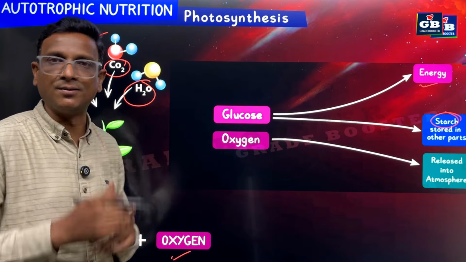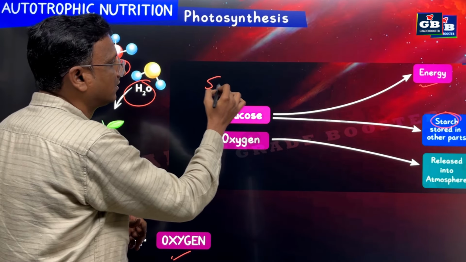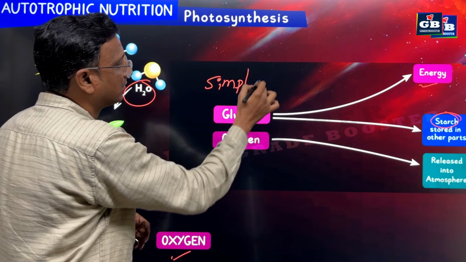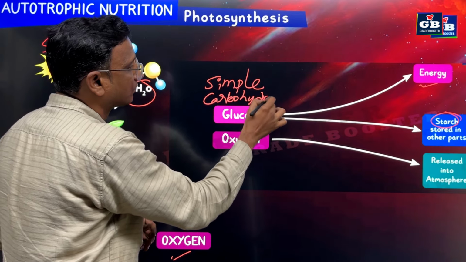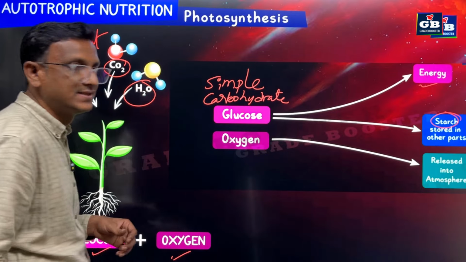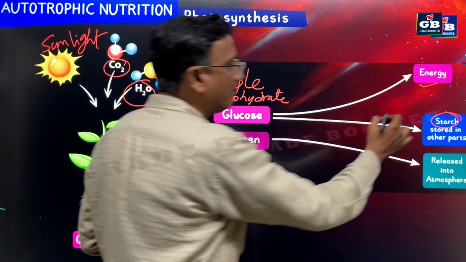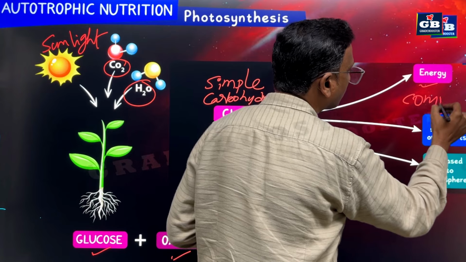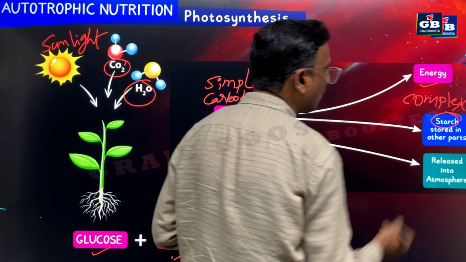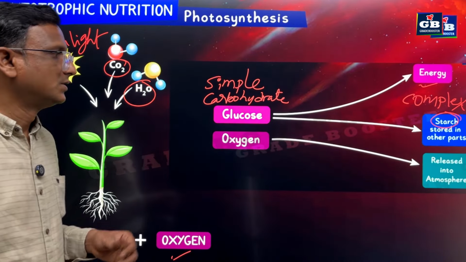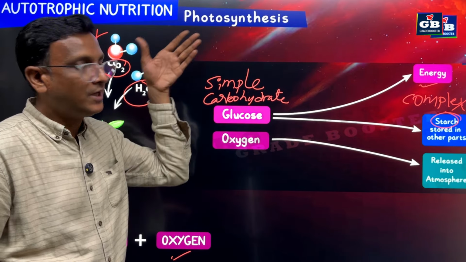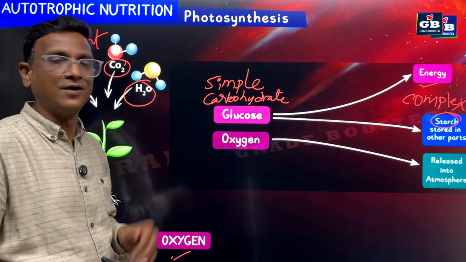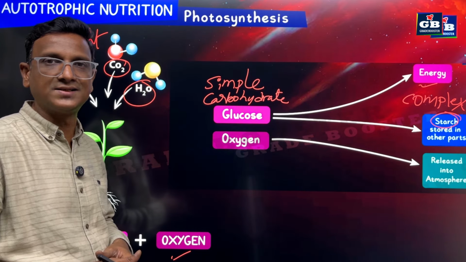Glucose is a simple carbohydrate. Then what is starch? It is a complex carbohydrate. So plants convert the simple carbohydrate glucose into starch and store it in other parts.